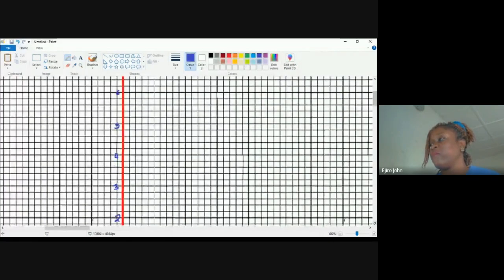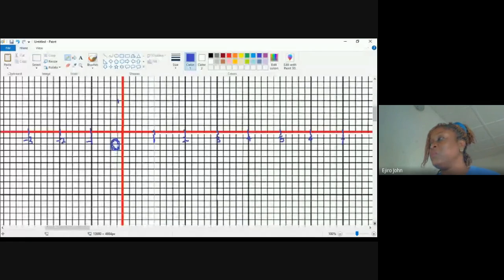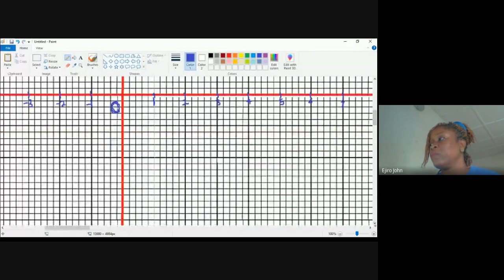Most times the graph that I'll be giving to you can get up to 12. But if it will not go up to 12, you have to change your scale to a smaller number. Let me see if we can do that.